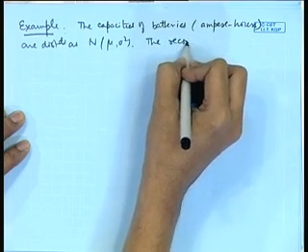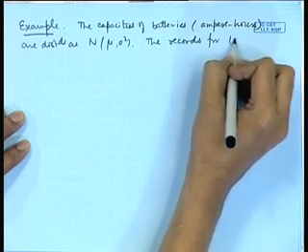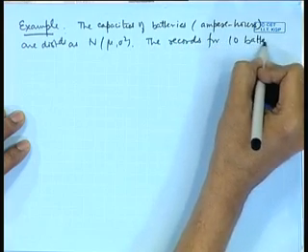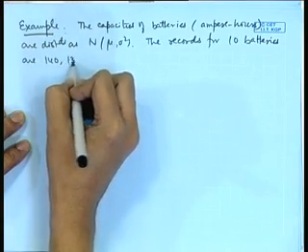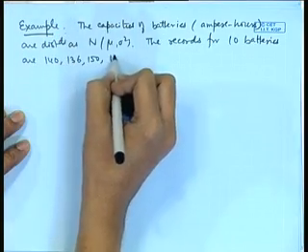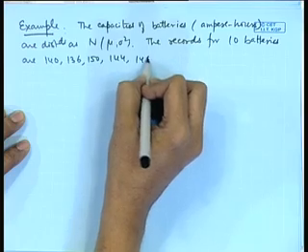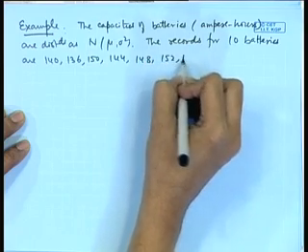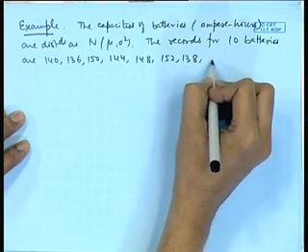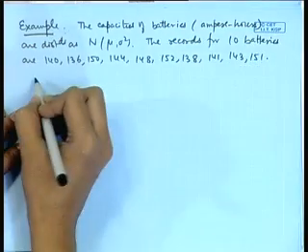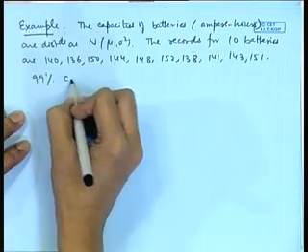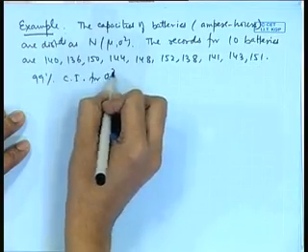The records for 10 batteries are say 140, 136, 150, 144, 148, 152, 138, 141, 143, 151. We want a 99% confidence interval for sigma square.